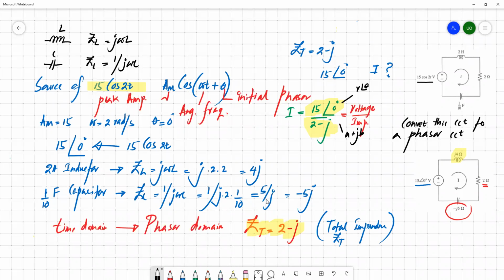We need to convert this a plus jb also into r theta form, or polar form. How do you convert this? If it is a complex number in a plus jb form, with real and imaginary components, you can immediately convert it into r theta form.